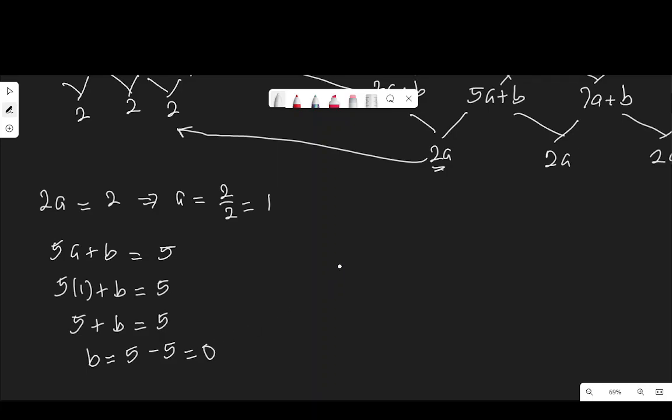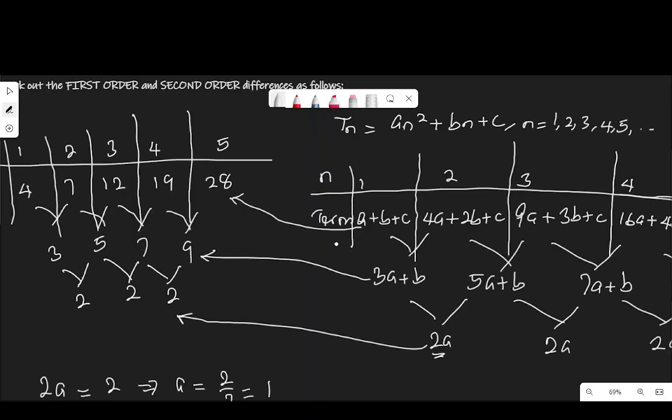Now let's solve for c. To do that, we compare the first row in table 1 and table 2. So in this case, a plus b plus c corresponds to 4 because both of them are in first position. 4a plus 2b plus c corresponds to 7. 9a plus 3b plus c corresponds to 12, and so on.